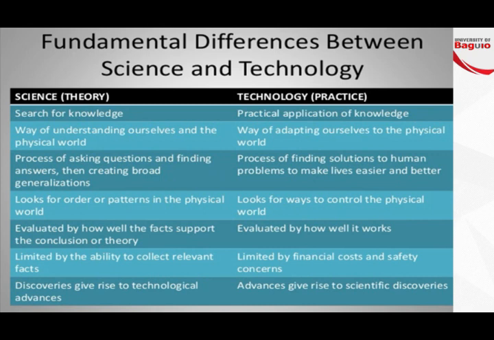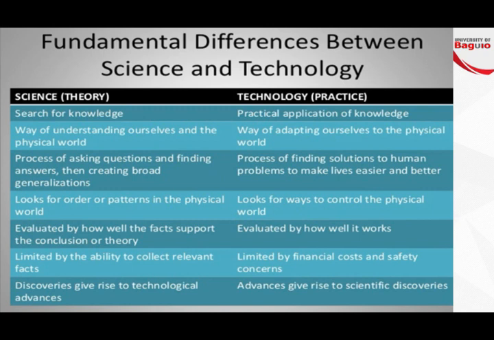Now, if you try to look at the difference, no, of science and then technology, yan, the fundamental difference of these two: science is more of what we call theory, and technology is more on practice. Yan, sabi nga natin, it was already mentioned that technology is the application of science. So this is the practice, no? So yung science natin is the theory and technology is practice.